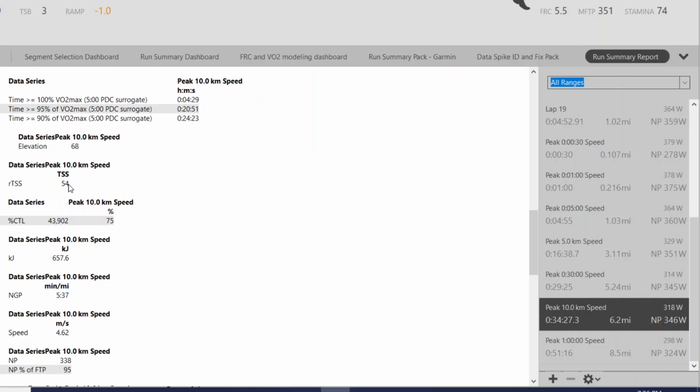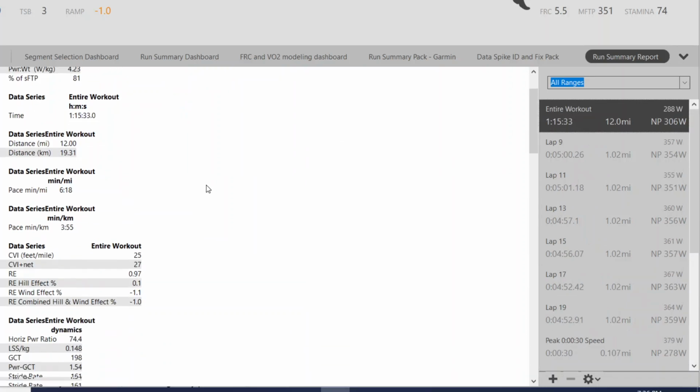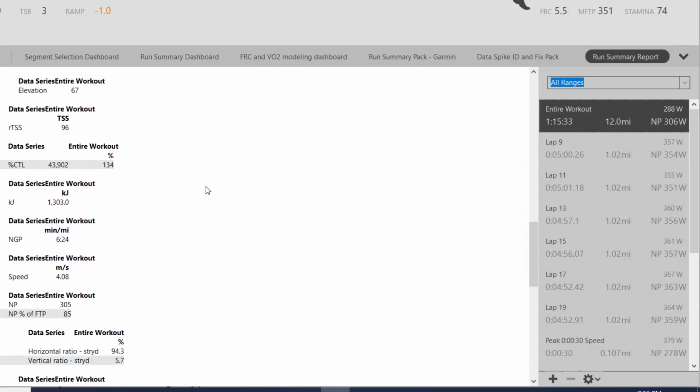This gives you the TSS for that particular workout, 96, but it also gives you the percentage of that TSS versus the person's current CTL, or chronic training load. So this workout, the entire workout, was about 134% of their CTL.